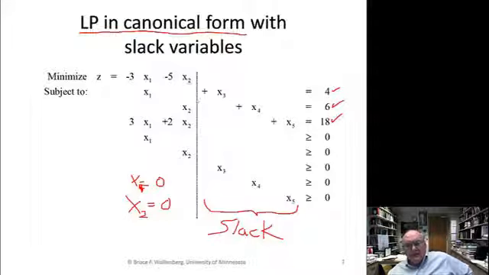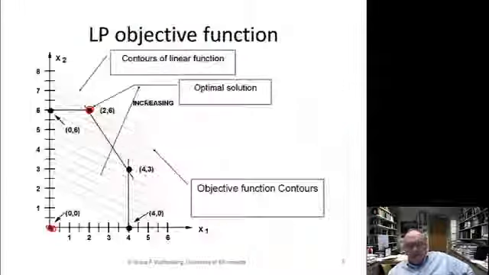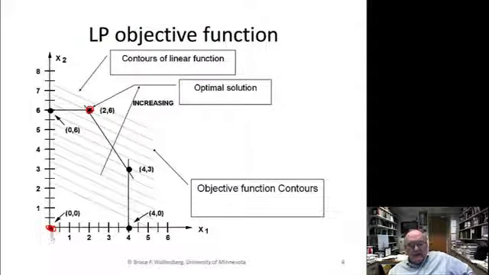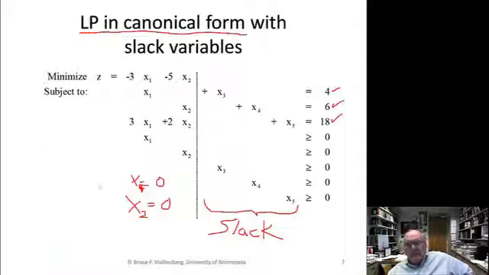We don't do anything with the cost function now. As I said, we were going to start with x1 and x2 equal to 0, and so we add these other variables to the problem. Notice that what that did for the A matrix is it changed all of the inequalities to equalities. These are all equalities now.